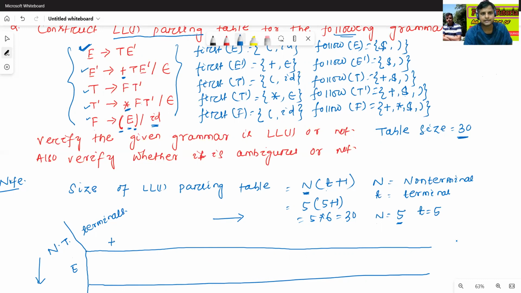Next one is star, next one is open bracket, next one is close bracket, next one is ID. Remember, the last one by default is called dollar. Now we'll construct the table.